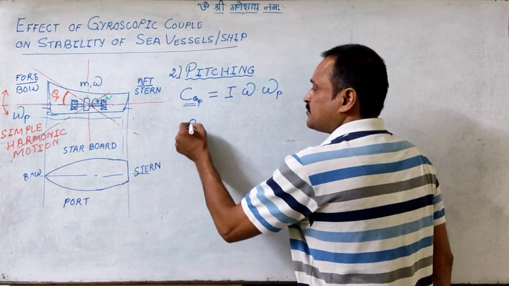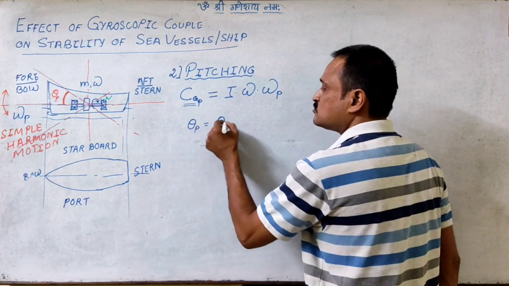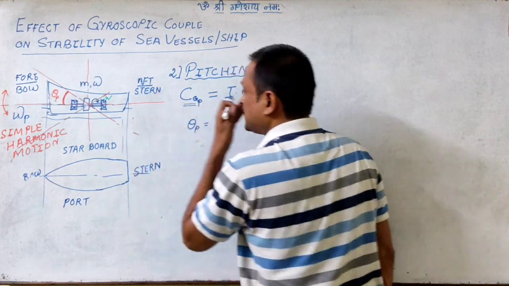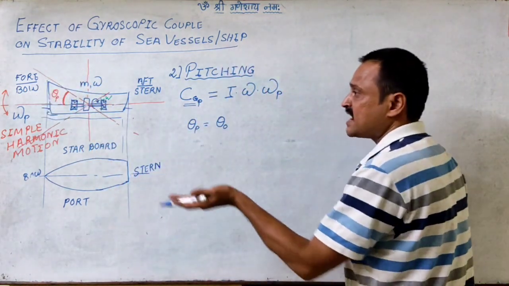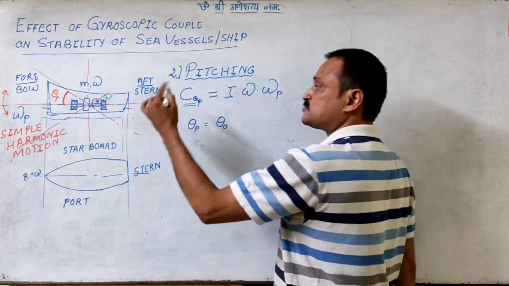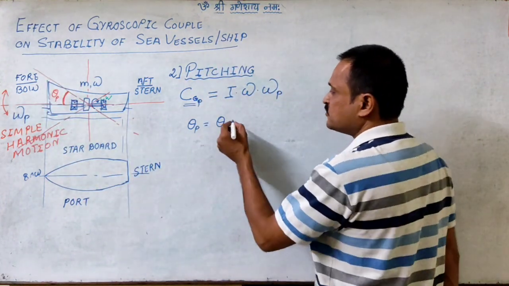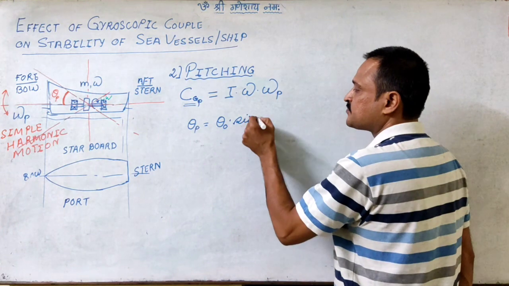So I will say theta_p is equal to theta_0, which is the amplitude, and theta_0 will be the maximum angular displacement from the mean, times sine omega t.